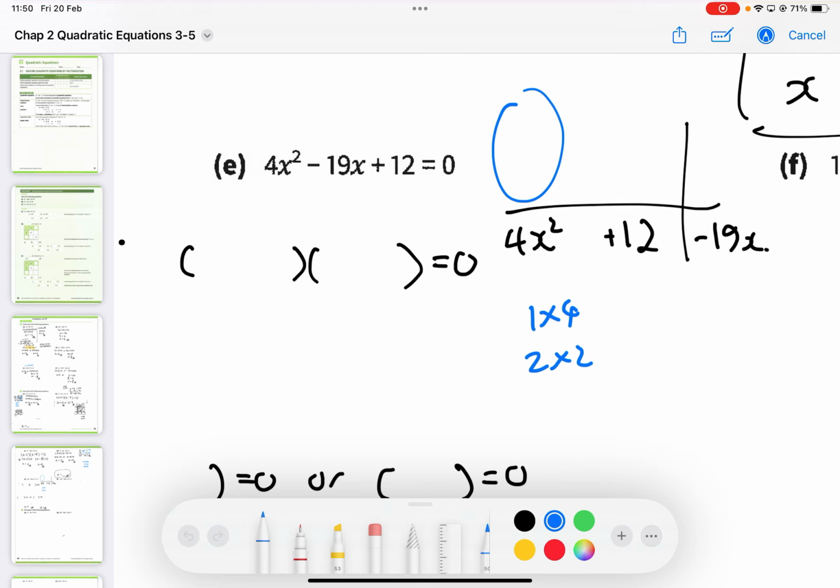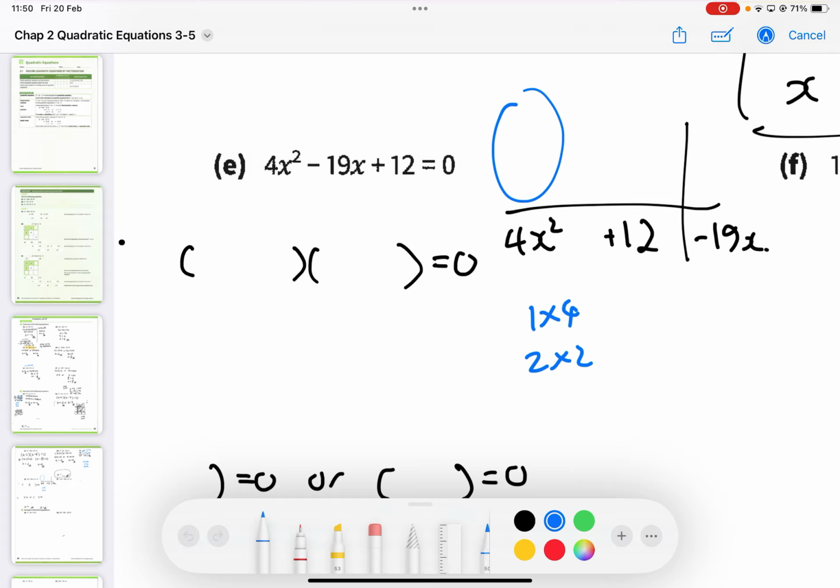Because if I put 2 times 2, if I put 2 here, 2 here, later I cross multiply any number, it will also end up as an even number. Then even numbers added up won't become an odd number. So when I look at this 19, I know that here cannot be 2 and 2.